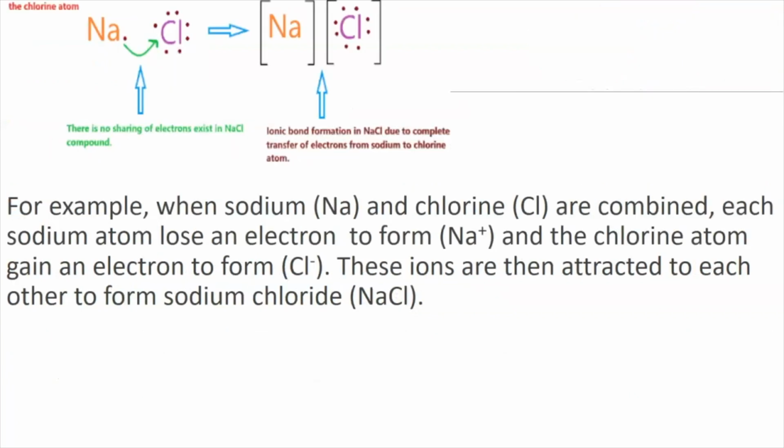An example for ionic bond is the formation of NaCl. Here, sodium and chlorine are combined. Each sodium atom loses an electron to form Na+, and the chlorine atom gains an electron to form Cl-. These ions are then attracted to each other to form sodium chloride.